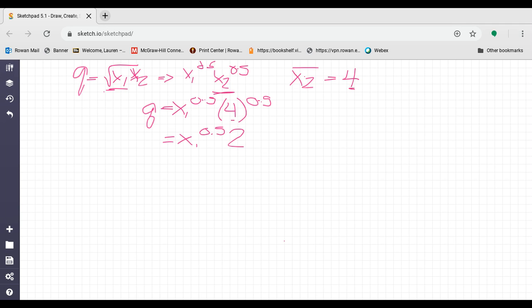And just like we had before, we want to solve for x1. So we want to take our 2 and divide it out. I'm going to switch this over: x1 to the 0.5 equals Q divided by 2. And then how do we get this 0.5 exponent out? Well, we want to square each side.